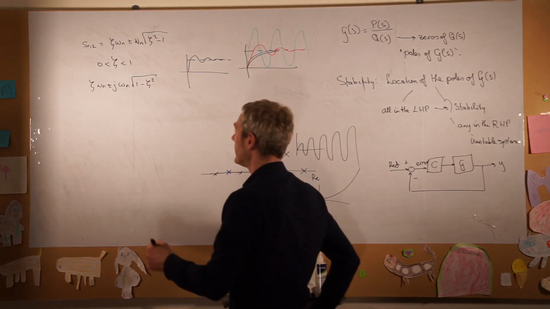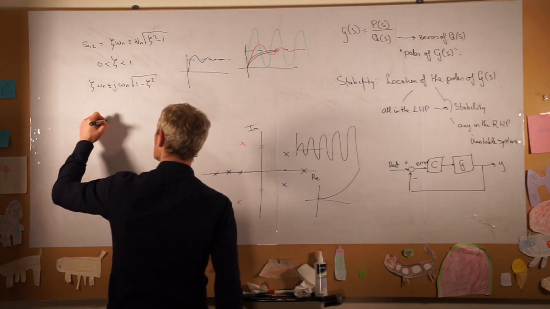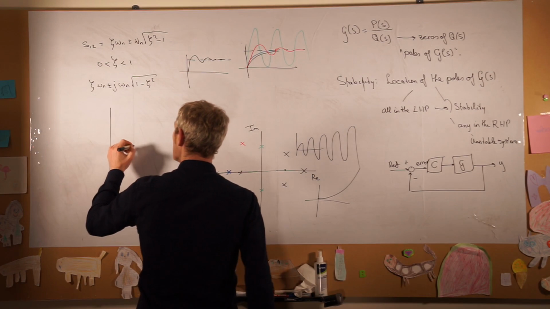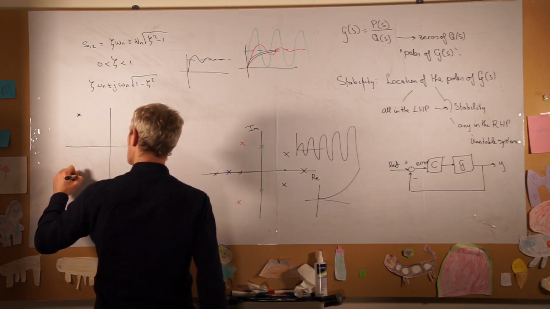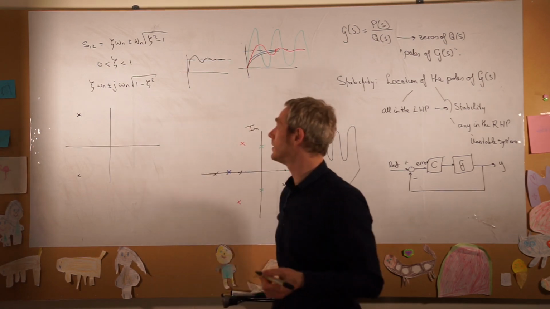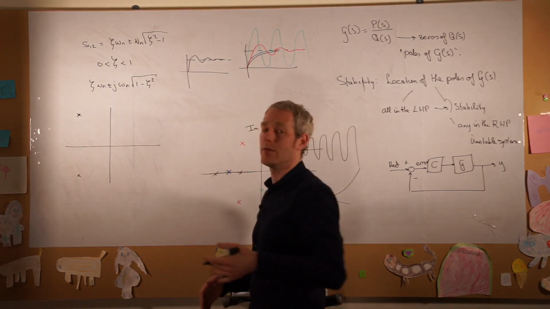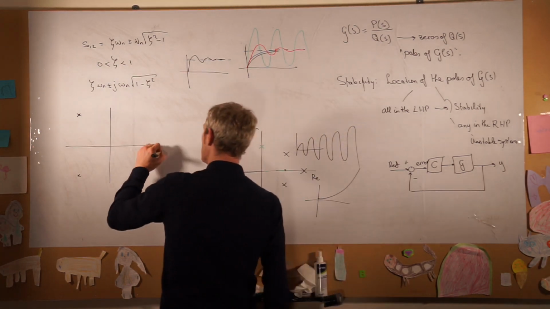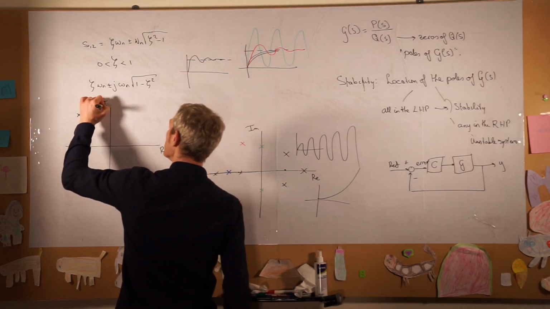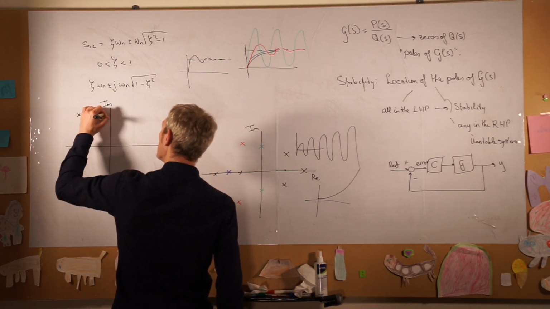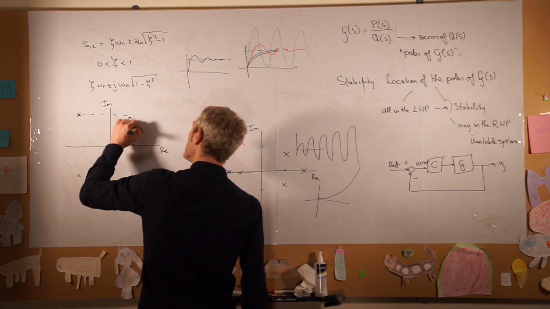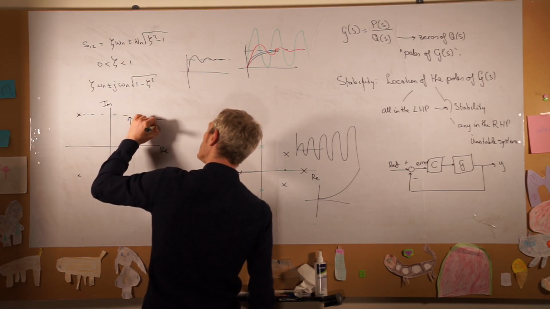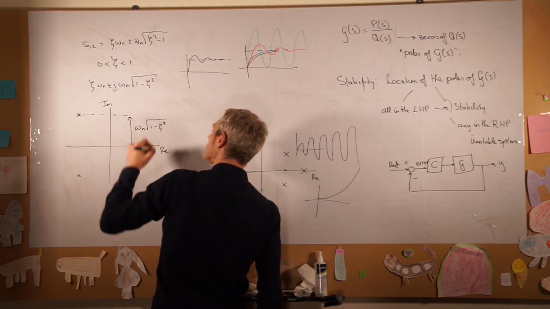Now, if we write this in the complex plane, something interesting happens. So let's say our poles are in these locations. Well, we know that the y component, although this is the real axis and this is the imaginary axis, this distance here is omega n times the square root of 1 minus zeta squared.